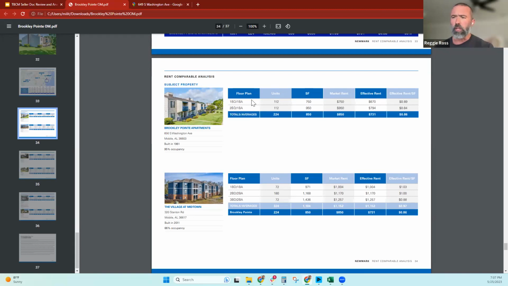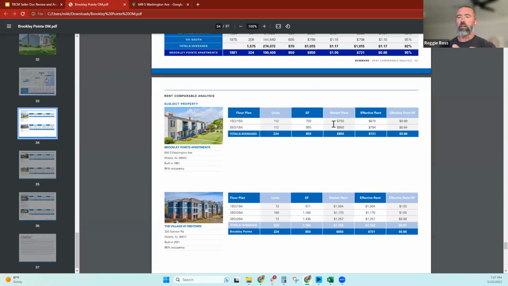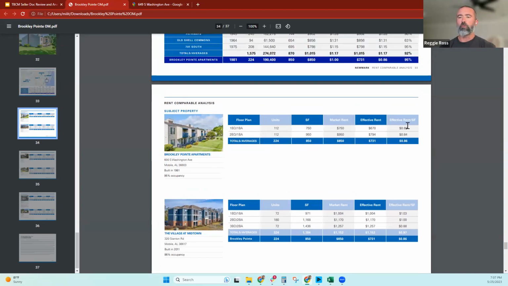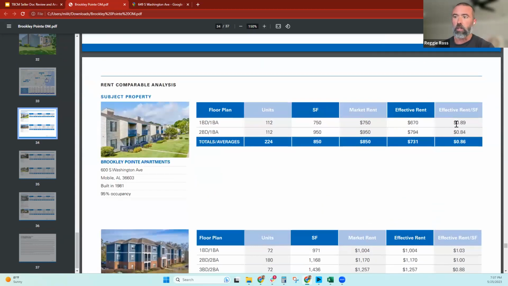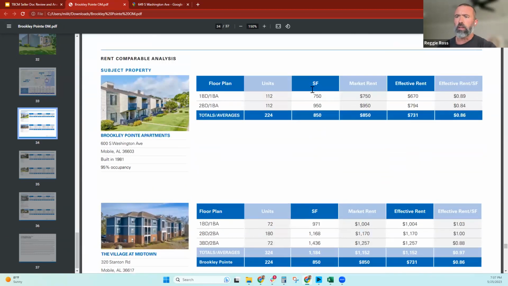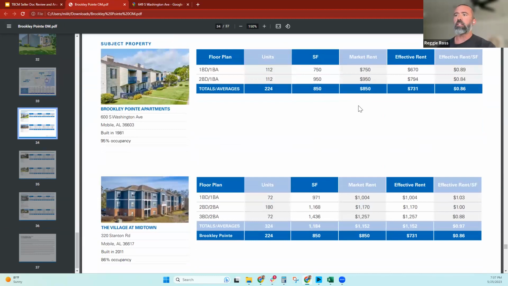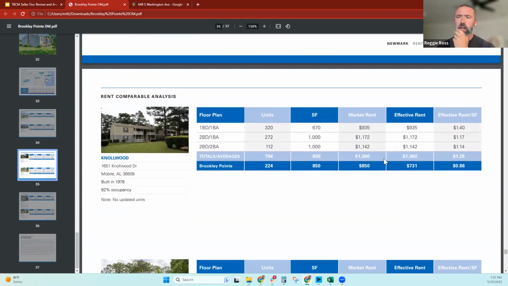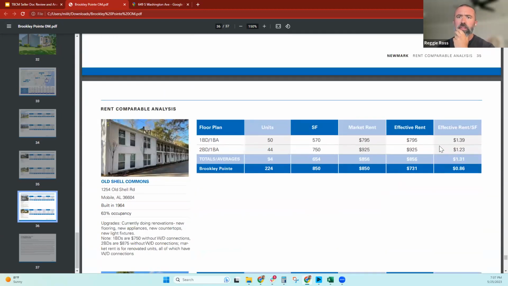And then I guess the only other thing I'll mention, you notice they break this down by rent per square foot. The reason they do that is so you can compare on a square foot basis. Because I'm just looking at our subject property, 750 square feet, and we're averaging 86 cents a square foot for the property. But then if you go down to Village Commons, Old Shell Commons, where is it at? Oh, yeah, there it is.